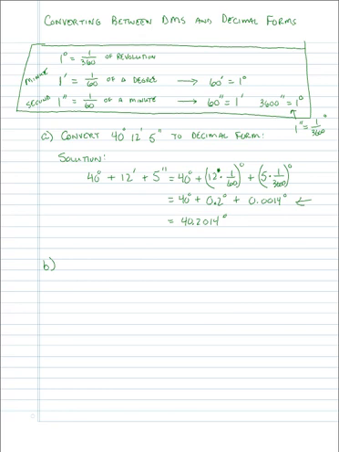Okay, so we're going to convert 78.562 degrees to DMS. Remember, that's degrees, minutes, seconds. Now, usually I wouldn't put that. I'm just trying to remind us of what it means.